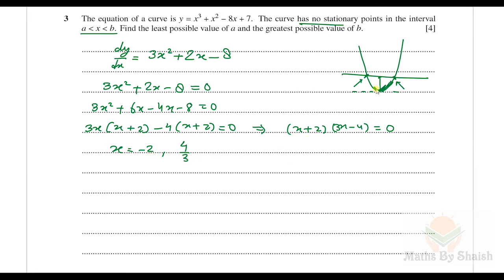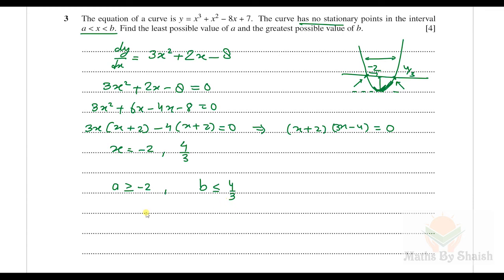So these two values are minus 2 and 4 over 3. Since x is in between A and B, A should always be more than this, and B should always be less than that value, that is 4 by 3.